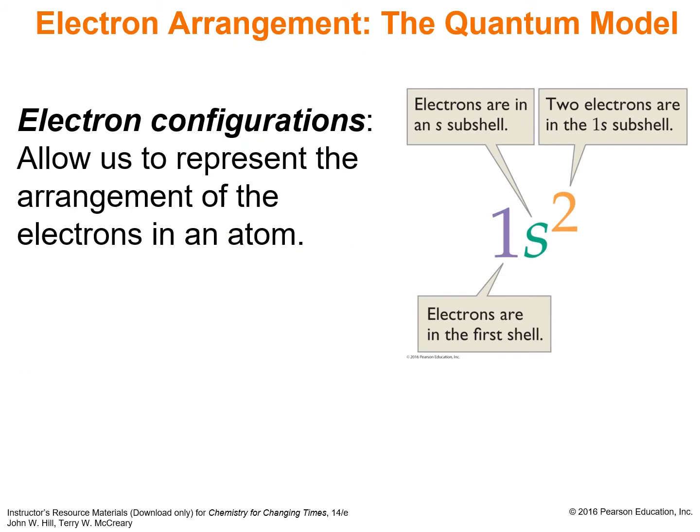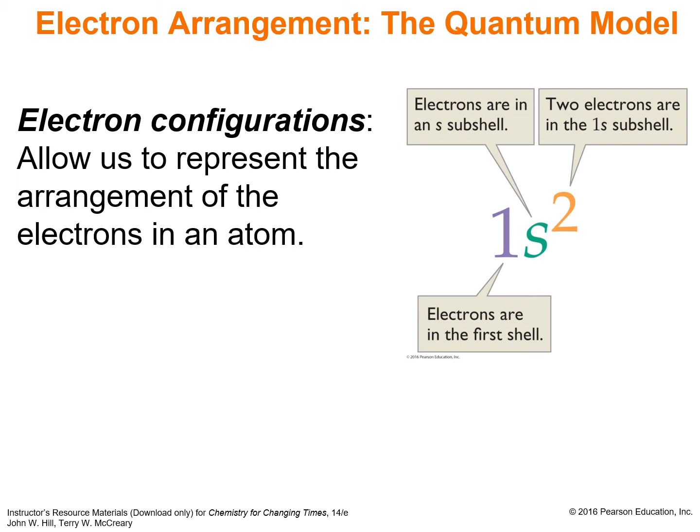So let's look at how we can actually arrange these electrons, and this arrangement of electrons is referred to as electron arrangement. Whenever you see a term called electron configuration, that is going to allow us to represent this arrangement of electrons in an atom.